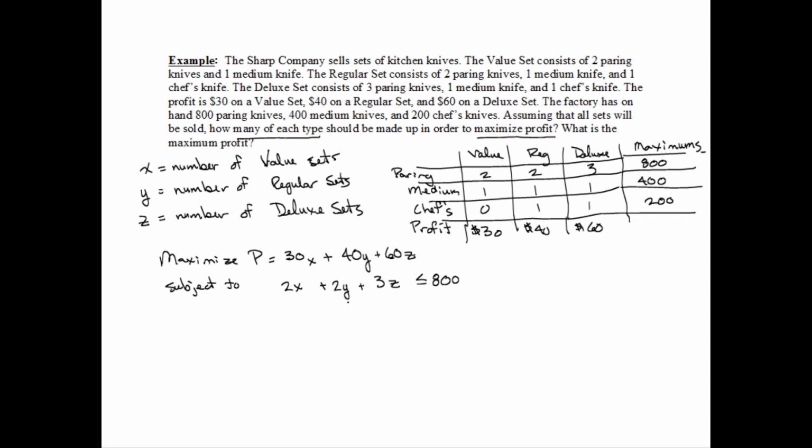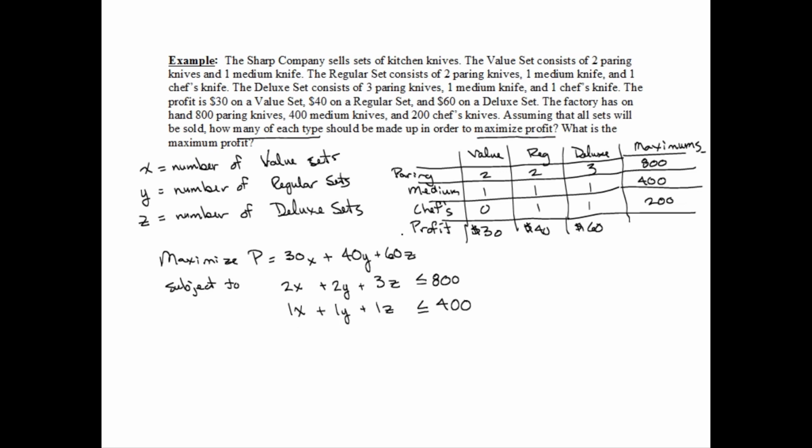Now we move to our medium knives. 1 times the number of value sets, plus 1 times the number of regular sets, plus 1 times the number of deluxe sets, cannot exceed 400.